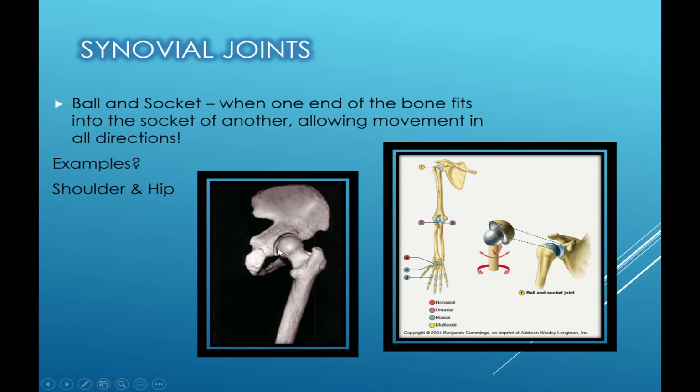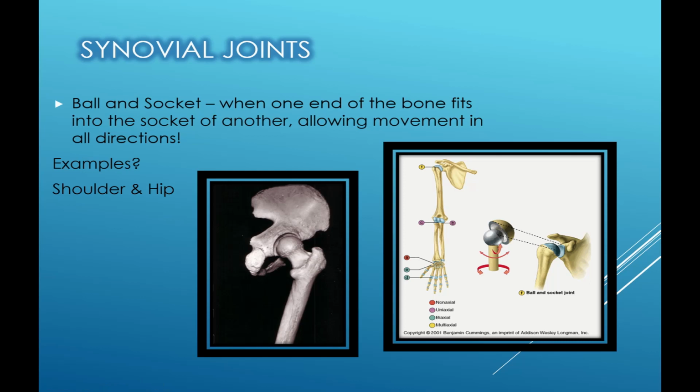And because of its shape, the ball and socket joint is actually where we get most movement out of all of the synovial joints. Of course, we can get flexion, extension, hyperextension, abduction, adduction, rotation, circumduction. The movements are endless. So when we think about the hip and the shoulder, which are the 2 examples of ball and socket joints, of course, this is where we're able to get most movement.